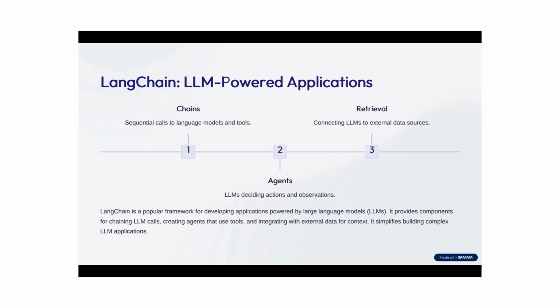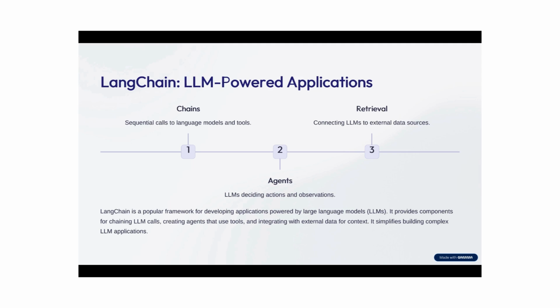But if you have other use cases, like creating a RAG based system, retrieval augmented generation, or you want to create some agents, the agents can work in different ways. It can have routers, it can have sequential chains. So it has a lot of different capabilities which it provides for developers to create different things.